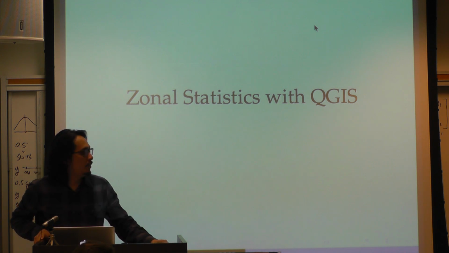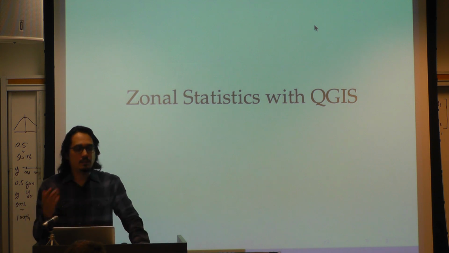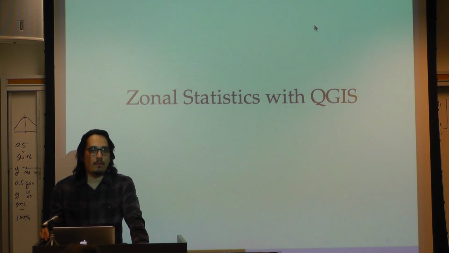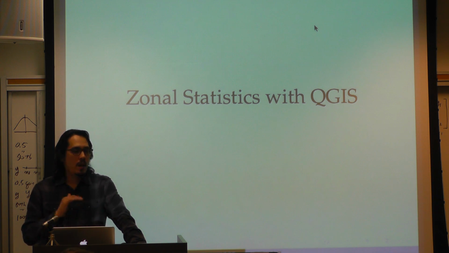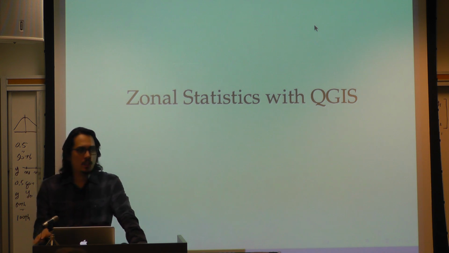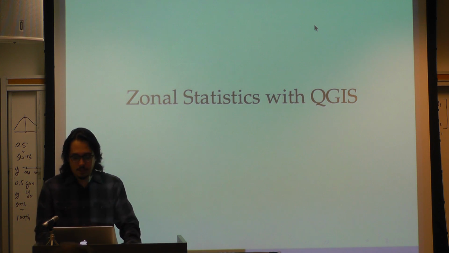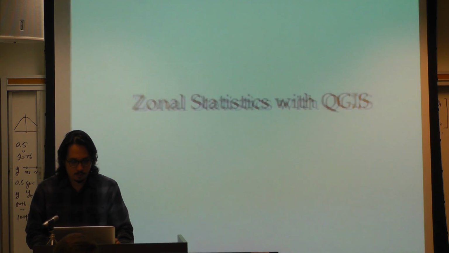I started doing this in R, but I always had some problems, and I just realized that this software is very straightforward and doesn't take much time. This is also computationally intensive, depending on the resolution of your data, but with this software I've been very satisfied. So I'll show you very quickly how to implement that.